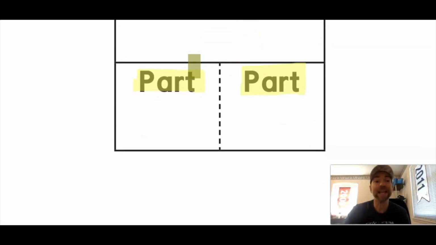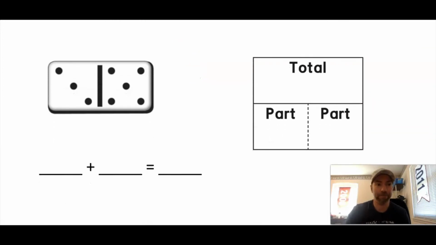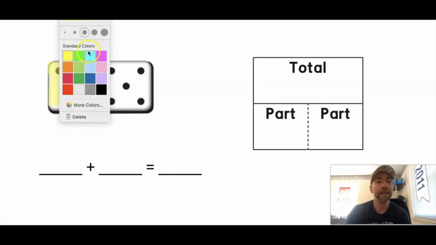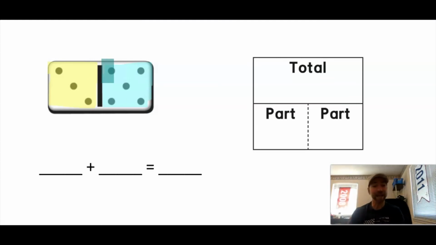So let's go ahead and get started by practicing with a domino. Here we have a domino. Now my domino has some dots on it. On each side, my domino has a part. Here's one part, and then here is the other part. I want to write down in my part total diagram how many dots I see in each part. So let's count.